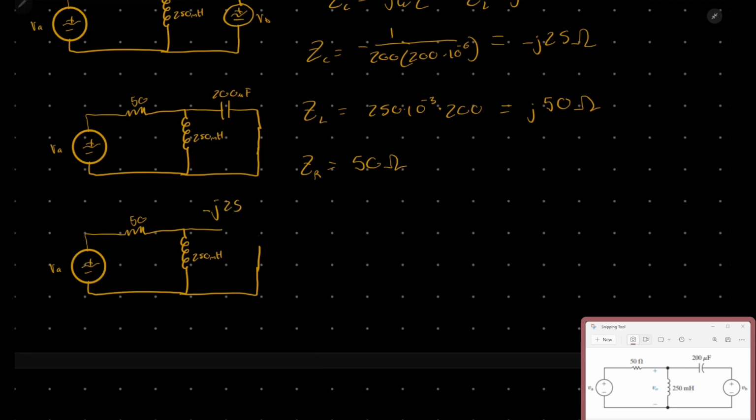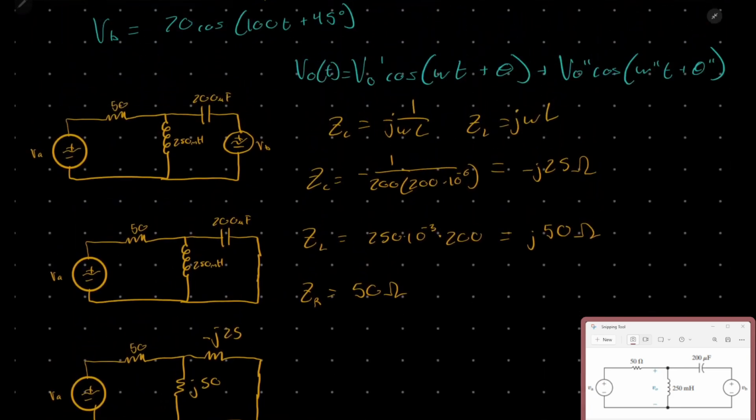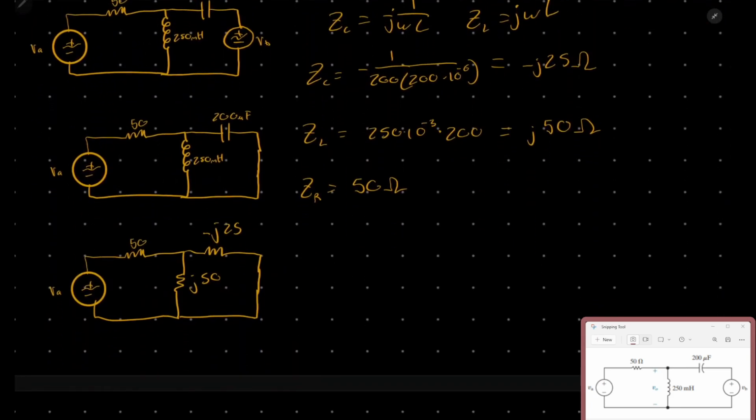And then we can also replace these with impedances and put the value that we found: J50, and 50 right here. What we're trying to solve for is the voltage across right here.